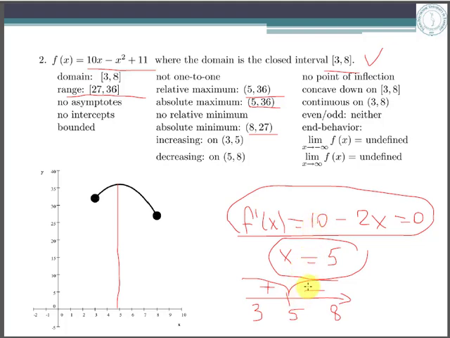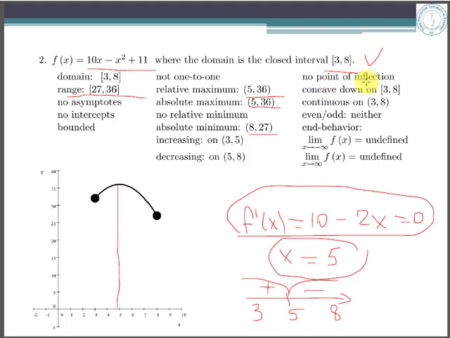This is a maximum, and we don't have any relative minimum, but we have an absolute minimum. If we put 8, we get 27, and it is the least value of our function. We put it into the function, not into the derivative.